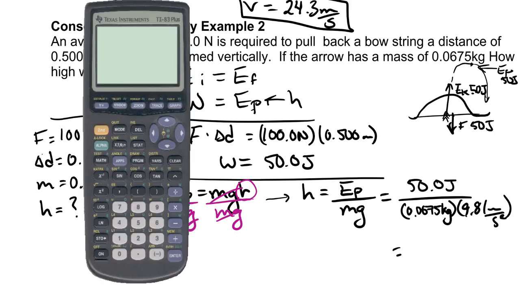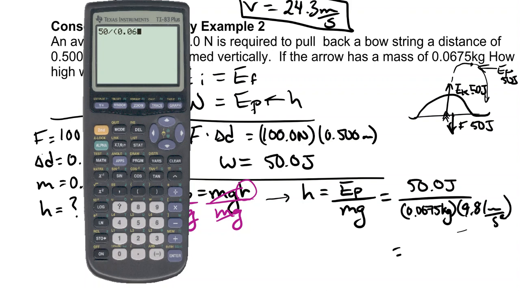Let's do that on our trusty calculator as well. So let's do this. 50 divided by, I've got 2 numbers on the bottom. Because I've got 2 numbers on the bottom, I'm going to put them in brackets, not each in brackets individually. I know I wrote them individually, but I'm going to put them together in one set of brackets.